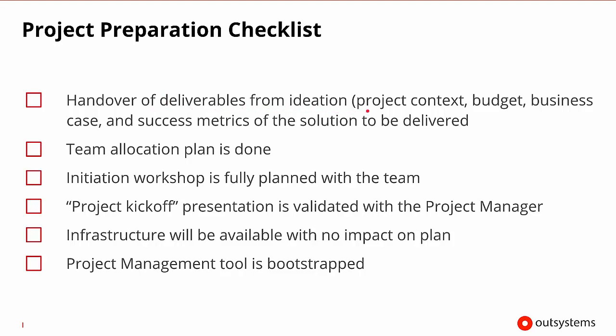There may be project context, budget information, the business case, or success metrics that would be useful for the team to know. We need to make sure that the team allocation plan has been created and that the initiation workshop is fully planned and that the team is scheduled to be there.